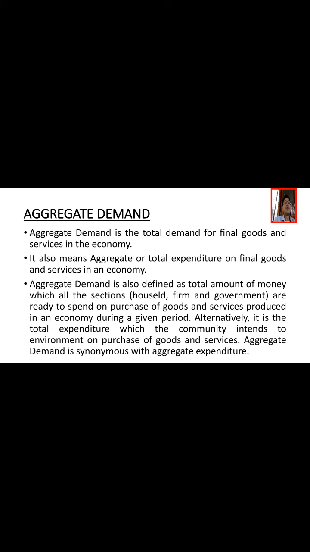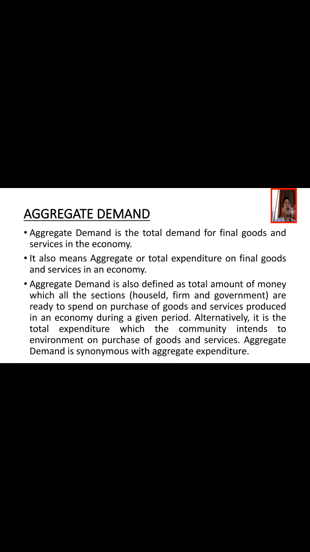Aggregate demand is also defined as the total amount of money which all the sections, that is household, firm and government, are ready to spend on purchase of goods and services produced in the economy during a given period. Alternatively, it is the total expenditure which the community intends to incur on purchase of goods and services. Aggregate demand is synonymous with aggregate expenditure.